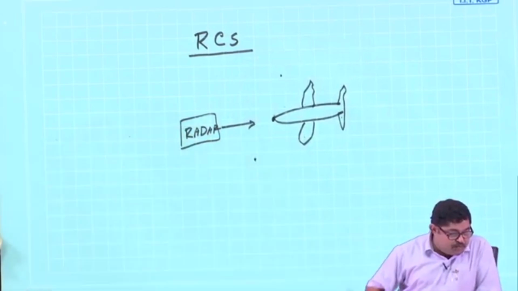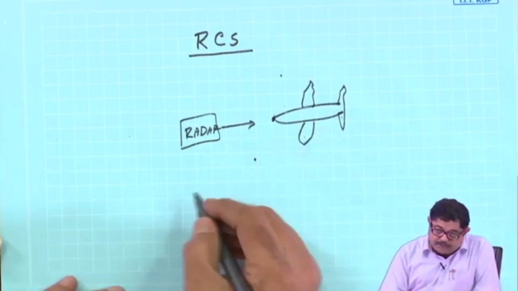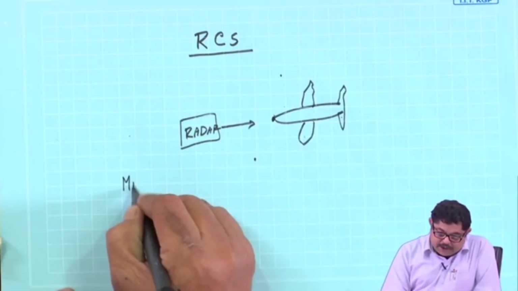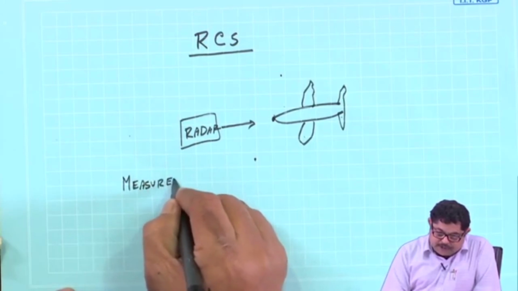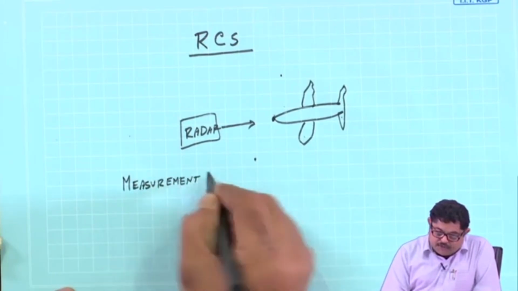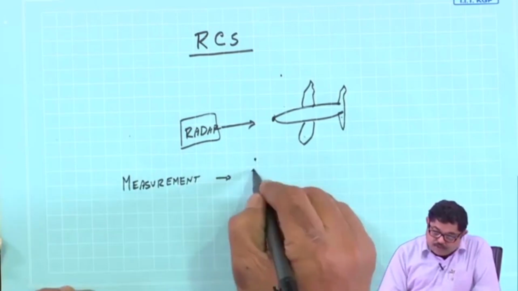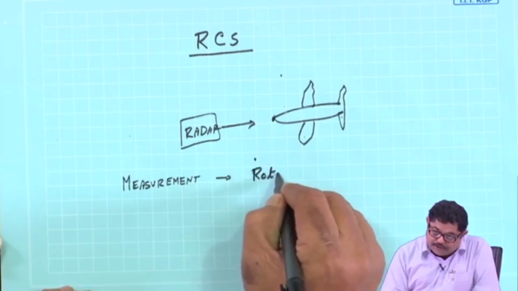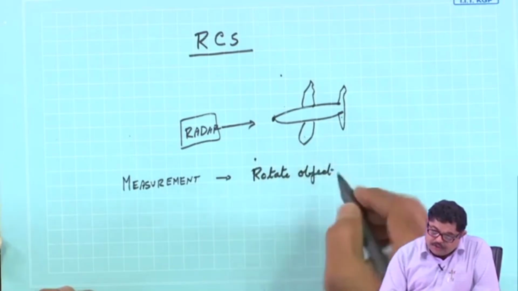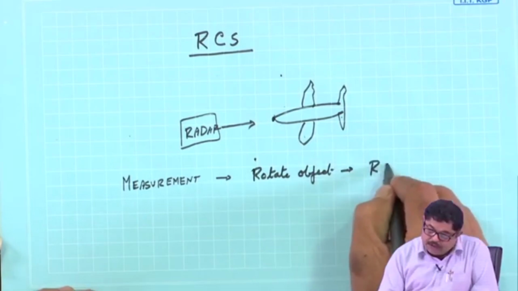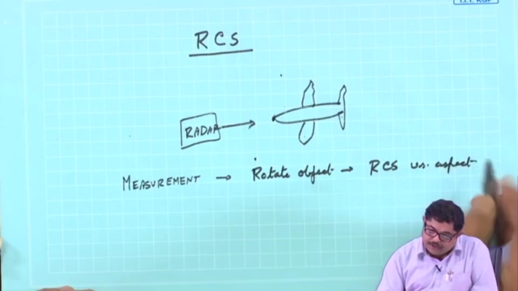So, for RCS measurement, I can say you should have rotation of the object, rotate the object, that will give you RCS versus aspect angle.